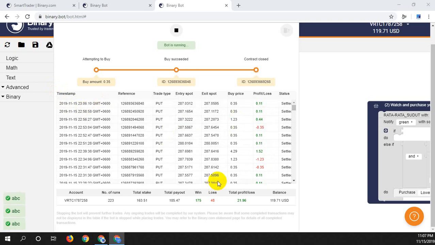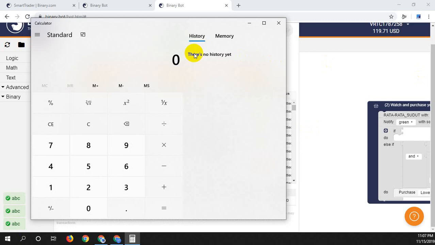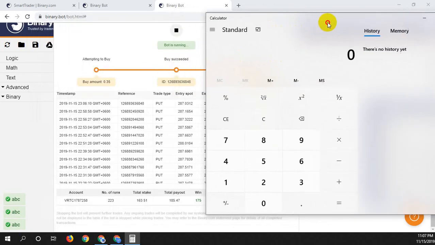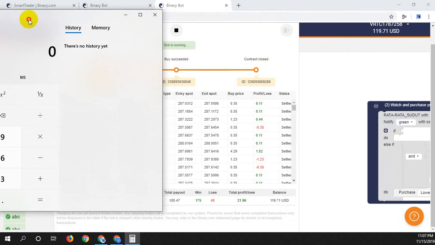So it won 175 and lost 48. So we will calculate if we don't use martingale. So 48 and 175.